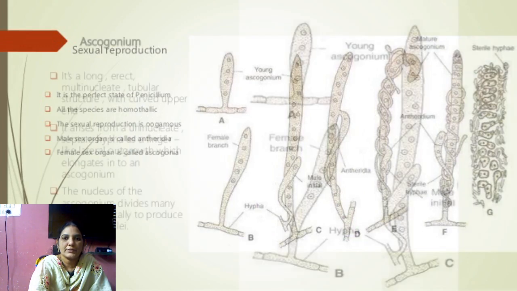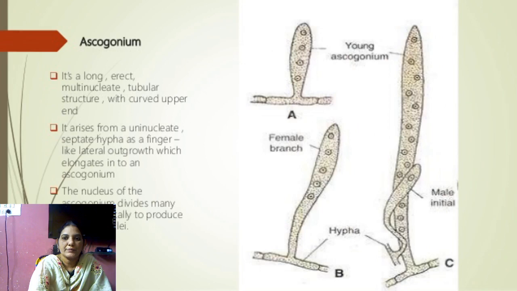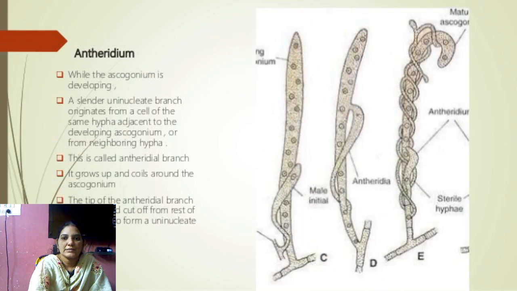Coming to sexual reproduction, the young ascogonium has so many nuclei, and the young antheridium surrounds the ascogonium. The antheridium has only one nucleus, and just at the time of fertilization it touches the ascogonium, the cell wall ruptures, but there is no involvement of the antheridium nucleus.